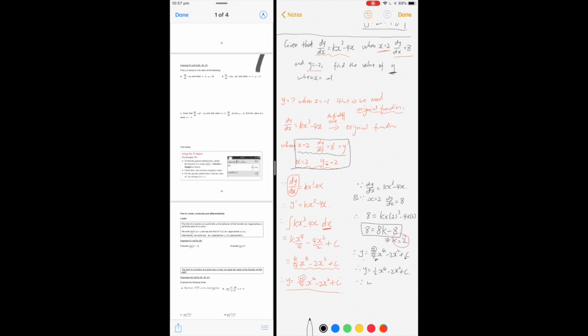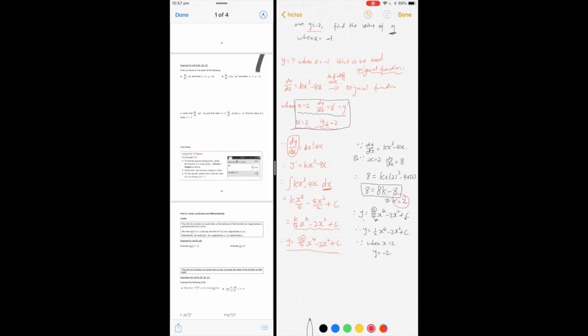Now because when x is equal to 2, y is equal to negative 2, we can substitute back into this equation. So negative 2 equals half times 2 to the power 4 minus 2 times 2 to the power of 2 plus c, so negative 2 equals 8 minus 8 plus c.